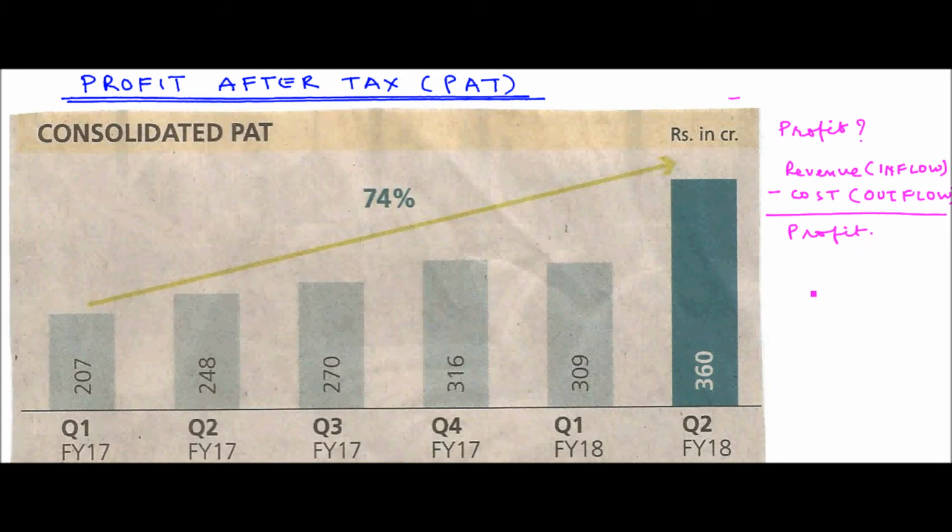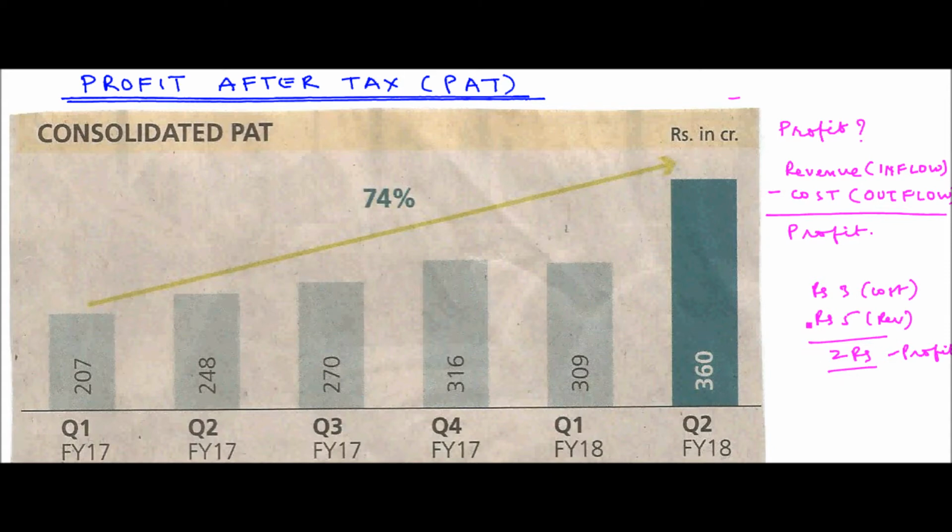So let's say you buy a pen for rupees 3 and you sell it for rupees 5. So this is your cost and this is your revenue. So 5 minus 3, that is revenue minus your cost, will be 2 rupees, which is your profit.